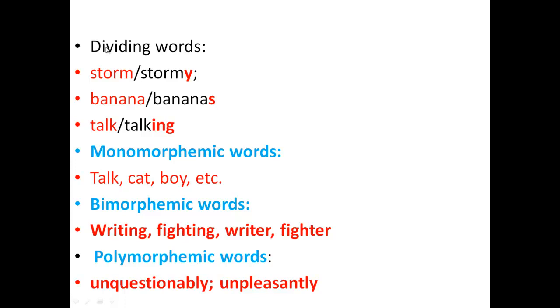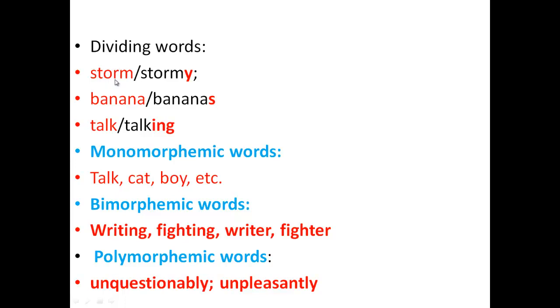So here, first of all, we can divide words into smaller units. These smaller units which constitute words are meaningful, and we need to identify them, and we should know how to divide these words. So for example, we have here the word storm as one unit. It is meaningful.